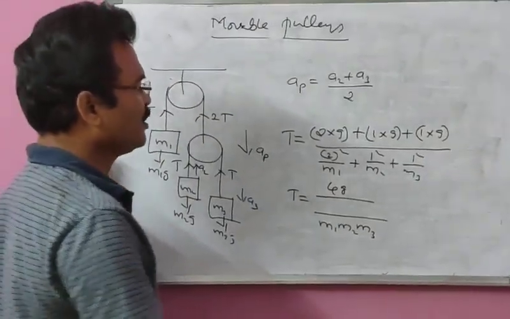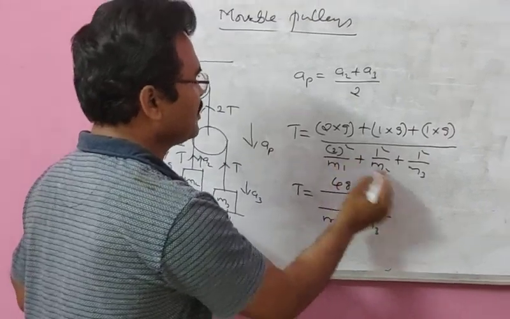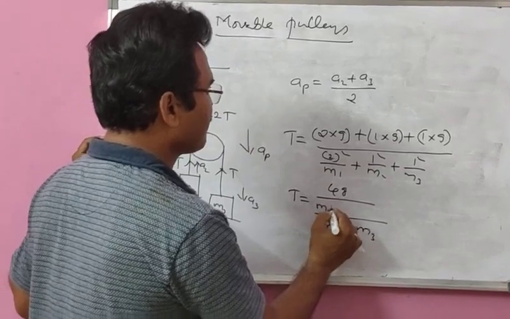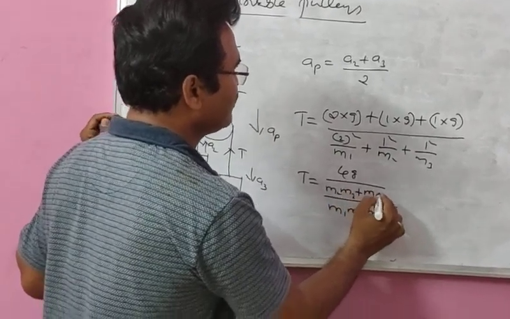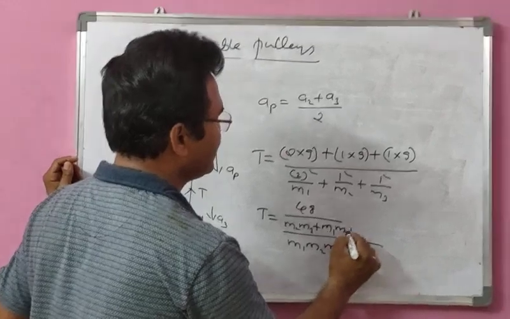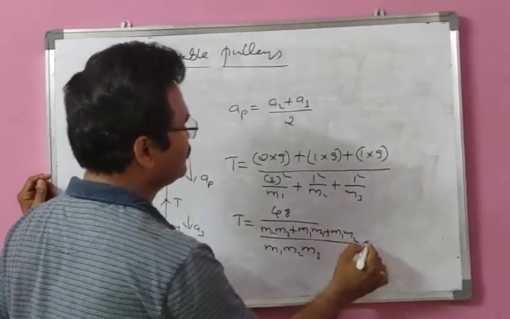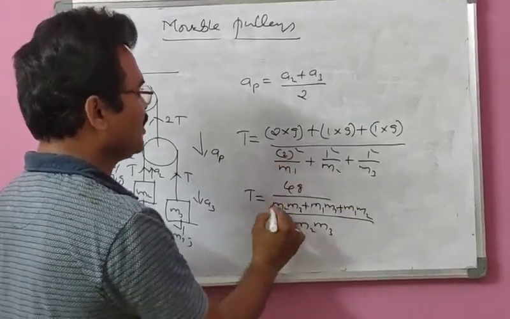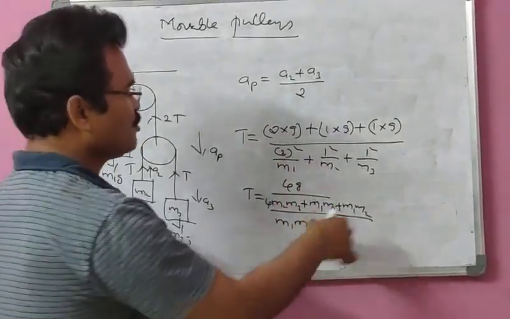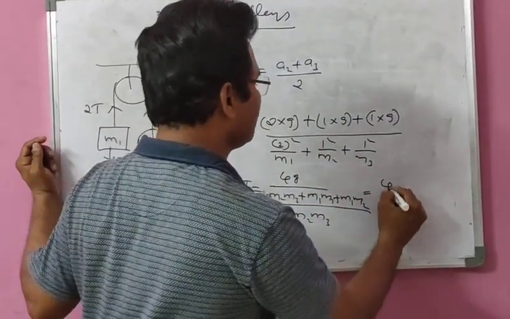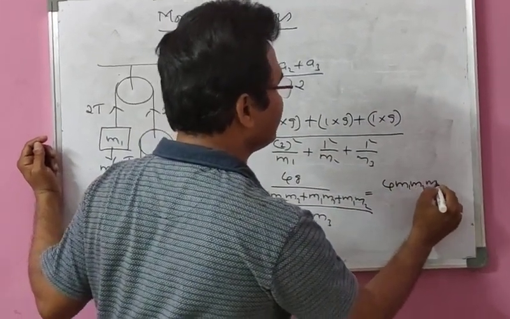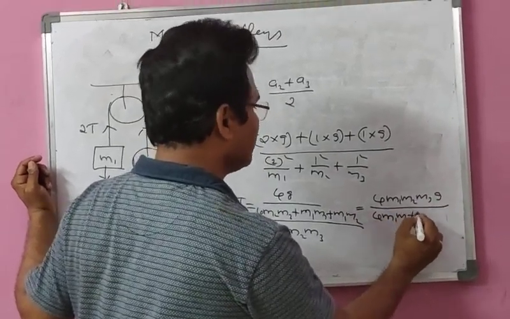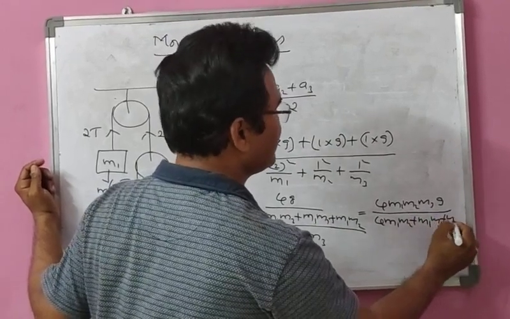Simplifying, the 4 goes to the numerator. So the answer becomes 4 M1 M2 M3 g divided by 4 M2 M3 plus M1 M3 plus M1 M2.